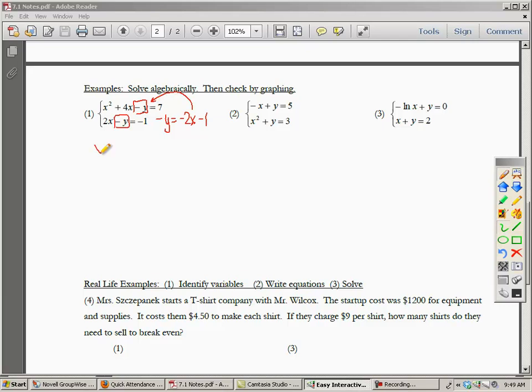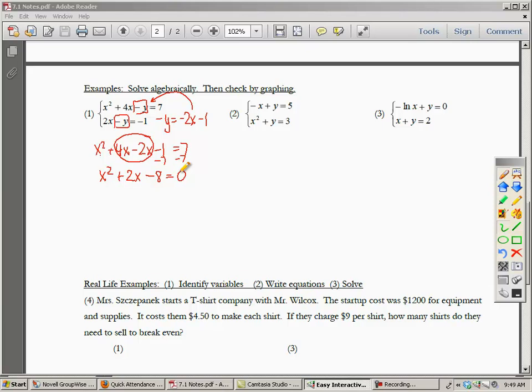So when I plug it in, x squared plus 4x minus 2x minus 1, because that's what our negative y was, equals 7. When you have an x squared and an x, you have to make sure that you set it equal to 0. So I'm going to move the 7 over, and I'm going to combine like terms. x squared plus 2x minus 8 equals 0.